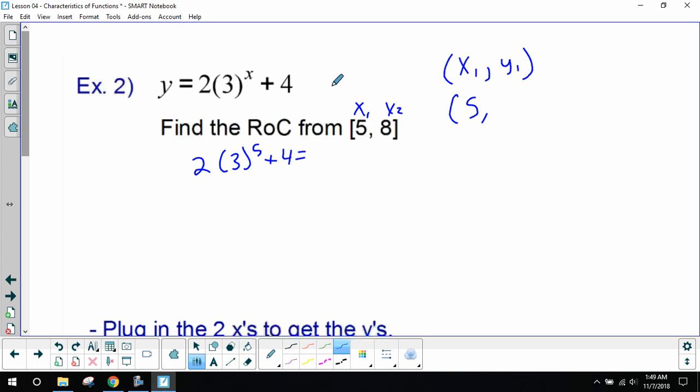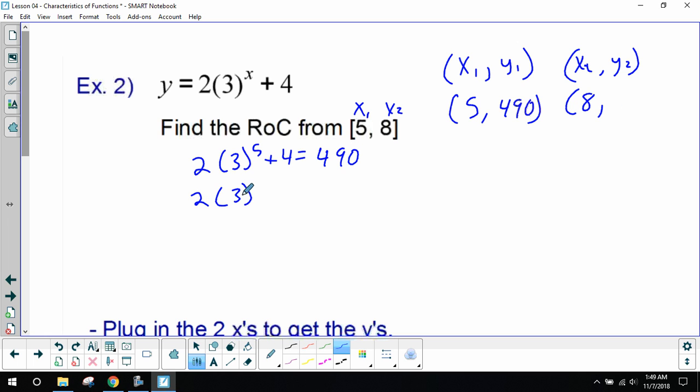Again, let's do x2, y2. Plug these values in. We get 13,126. This is a big comma, separate the x and the y.